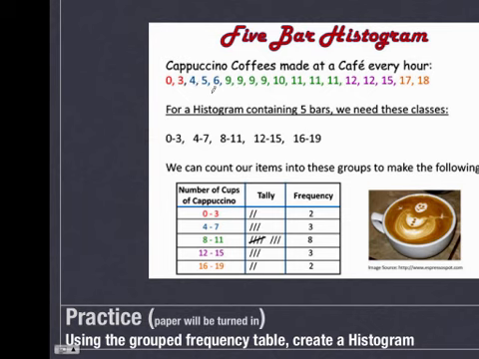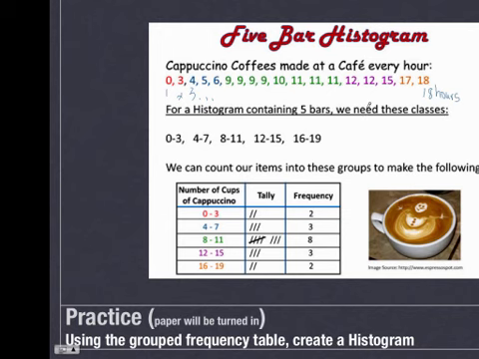If we were to count up how many pieces of data we have here, there are actually 18, which means that this cafe was open for 18 hours. Here's the first hour, here's their second hour, here's their third hour, etc. And then they finally close after being open for 18 hours. It's a long time.